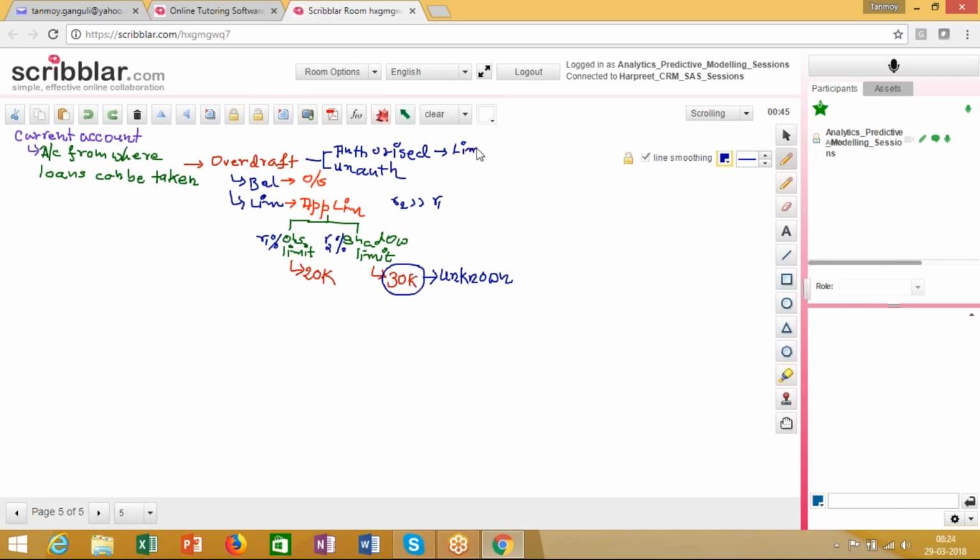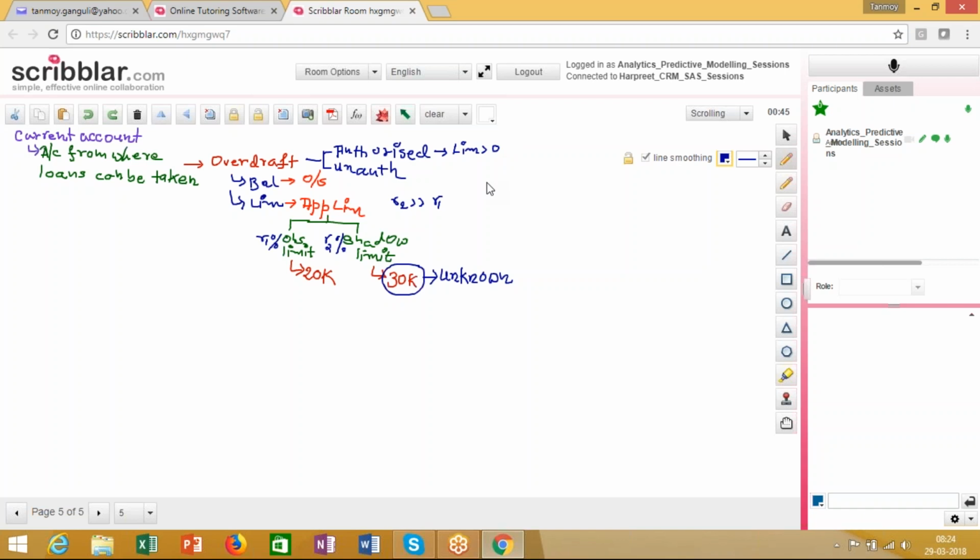So the customer who has this overdraft facility will be given a credit which is greater than zero, right? This is the first characteristic of an authorized overdraft.